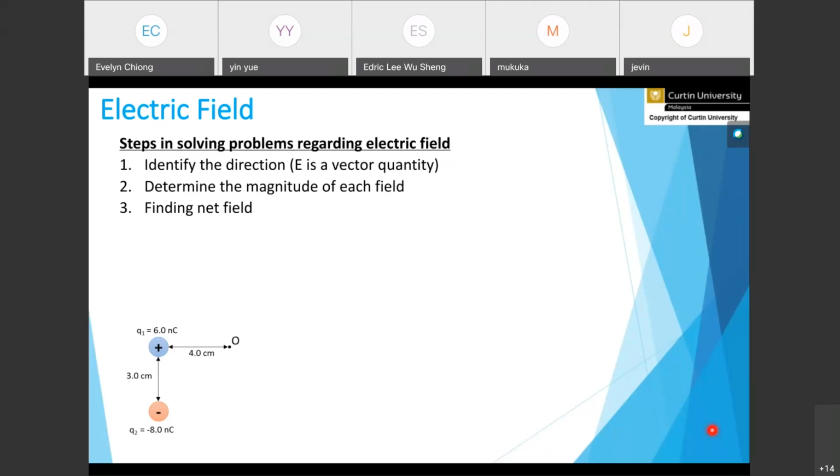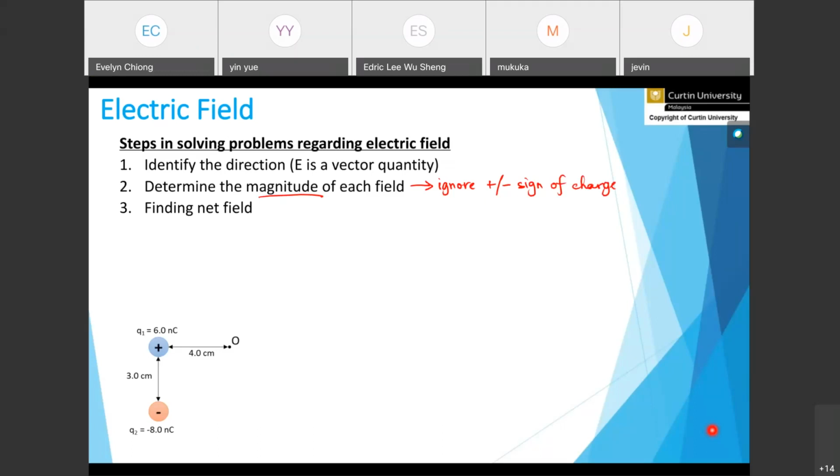After that, when we are resolving the vector, then we include the positive or the negative to tell about the direction. So over here, for the magnitude, ignore the positive or negative sign of charge first. Later on, we include the positive or negative.